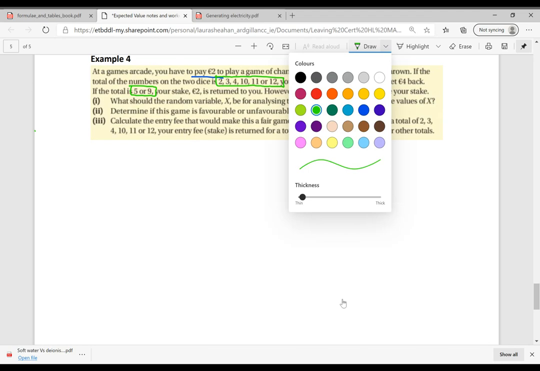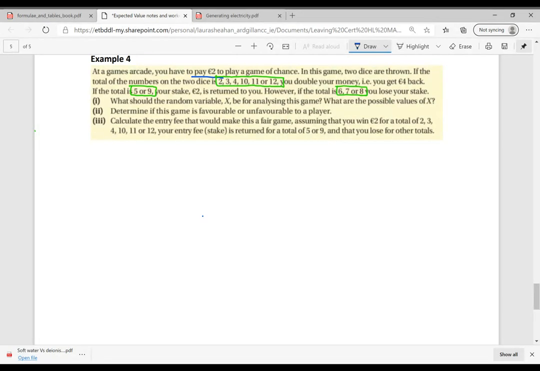So while I could make a table that had 2, 3, 4, 5, 6, 7, 8, and all the way up to 12, and then I'd win €4 for 2, €4 for 3, €4 for 4, and calculate their probabilities. Okay. Instead, I can make a much simpler table by grouping those together.